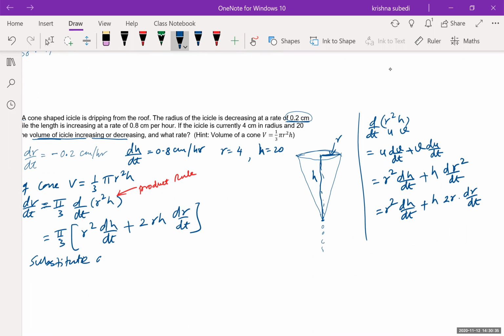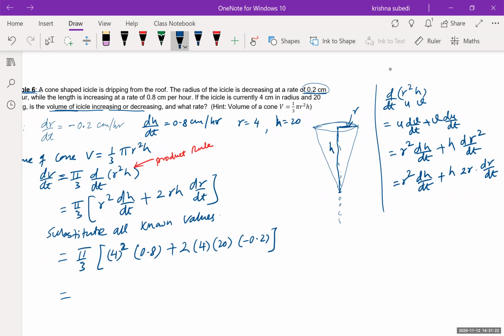Step 5 is substitute all known values. So you will get pi over 3 times r square, r is 4 square, and dh over dt is given to be 0.8, plus 2r, r is 4, h is 20, and dr over dt is given to be negative 0.2.